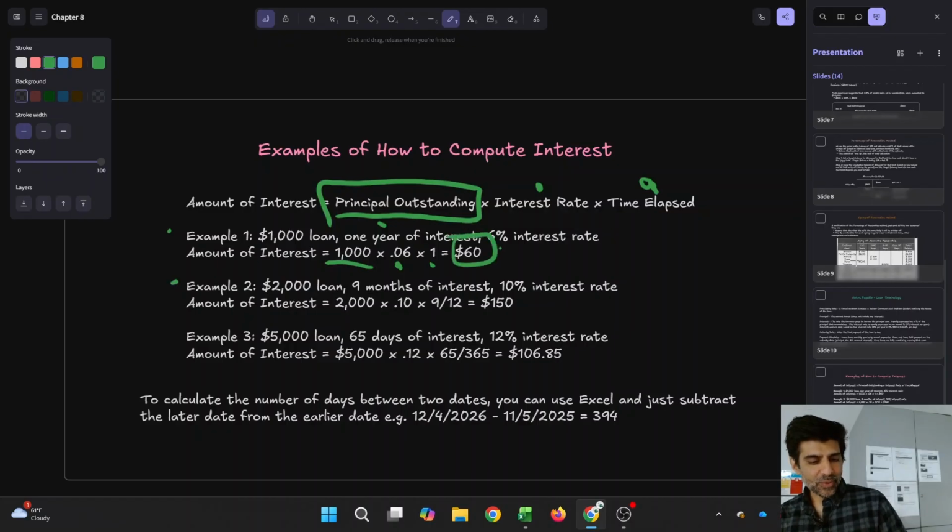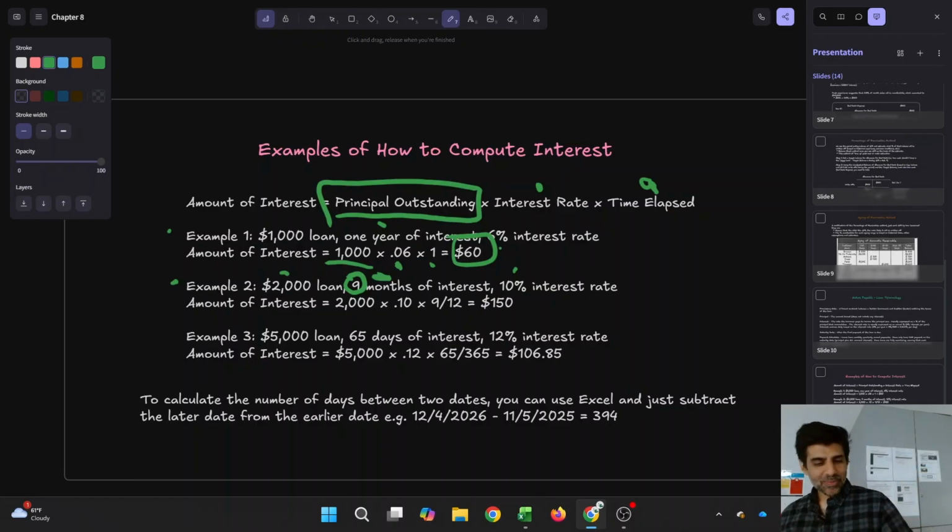In this next example, a $2,000 loan, 9 months of interest. The key unit is months. 10% again is the annual interest rate. So if you wanted to figure out the amount of interest, you have to do some fraction. Hopefully this is not mind-bending mathematics.